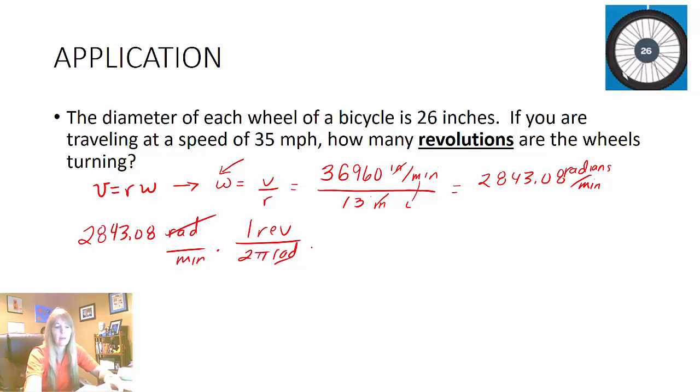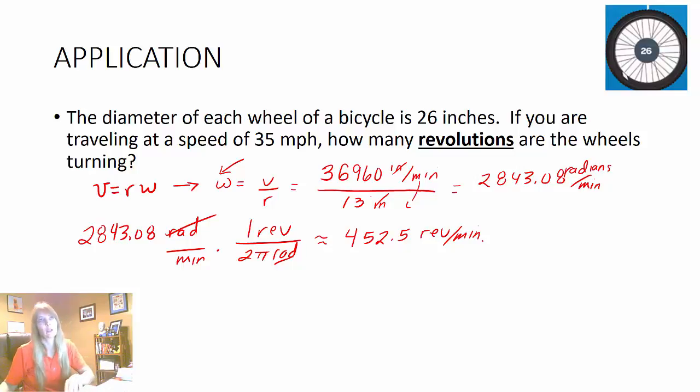So I cancel out my radians and divide the 2 pi into the 2843, and you should get 452.5 revolutions per minute. All right, so it took a couple of steps to see all the conversions that I had to do, which probably was the hardest part on that one.